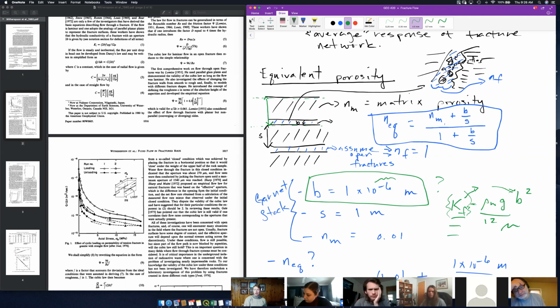The area of the fracture is B times whatever is in and out of the board. Let's call that L. So my area of the fracture is B times L, and my area of the matrix is S times L.